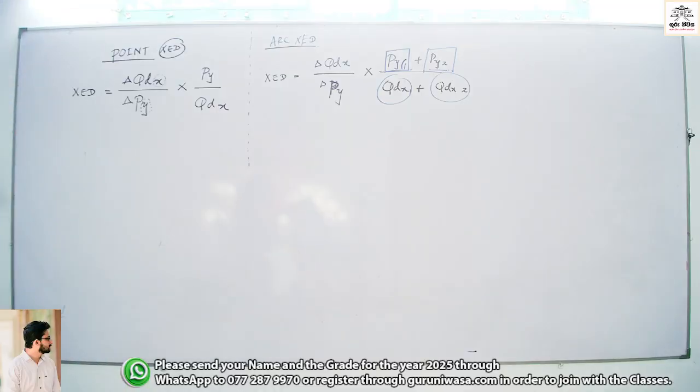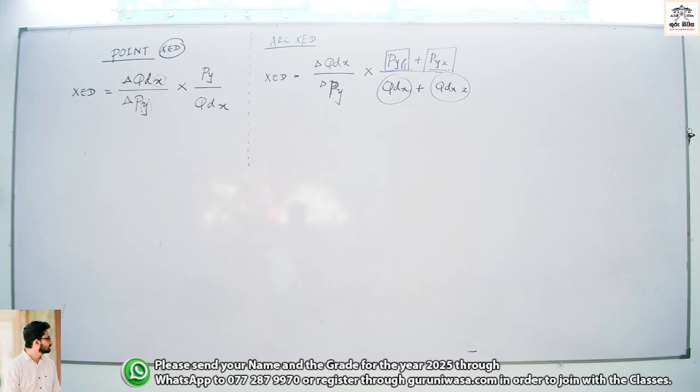Okay sir. Next one, the calculation. Example given: the table below shows demand for a particular product at different prices. Can you correct it?